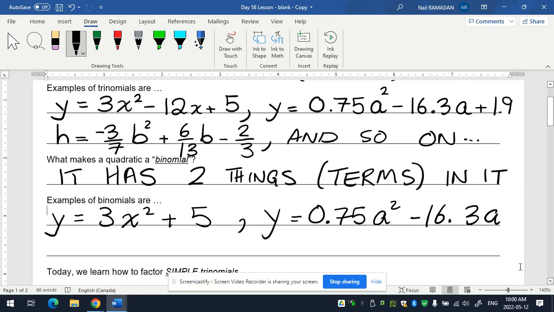Okay, how about this one? I think I'm going to take out this fraction with the b. All right, so negative 3/7 b squared. Take this out, which means only minus 2/3, and so on.